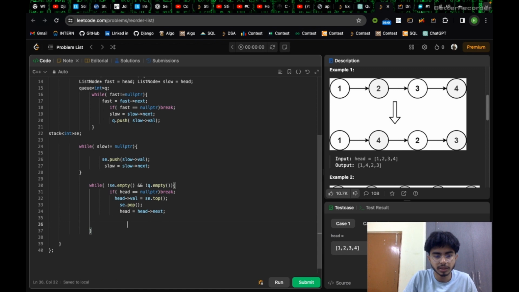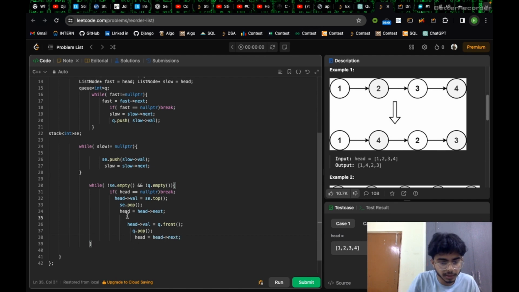Then we are going to change the next pointer of this index to the first one from the queue. So head value would be equal to queue front. Likewise, we have to pop it. Head would be equal to head next.